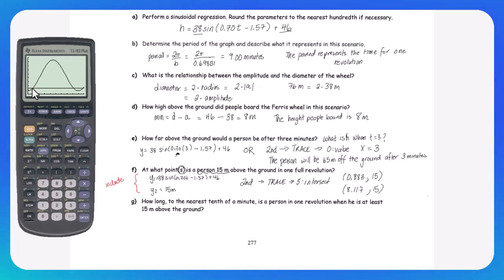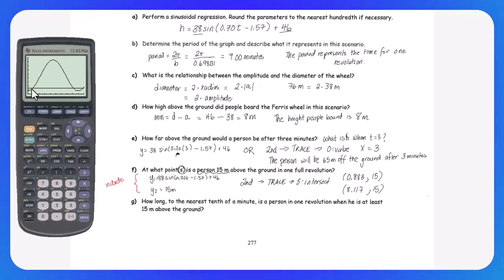So when he's at least 15, all through this portion of the motion, right here to here, he is 15 or above. Immediately below the line, these portions don't count. So to determine the amount of time, we need to find the difference between this time, we'll call it T2, and the first time it was 15, and we'll call that T1.